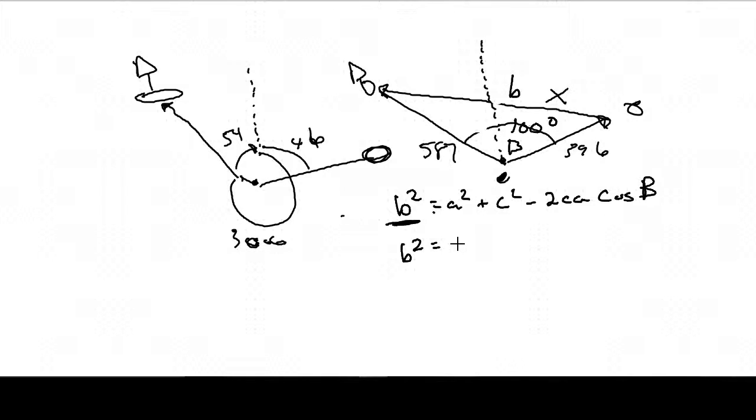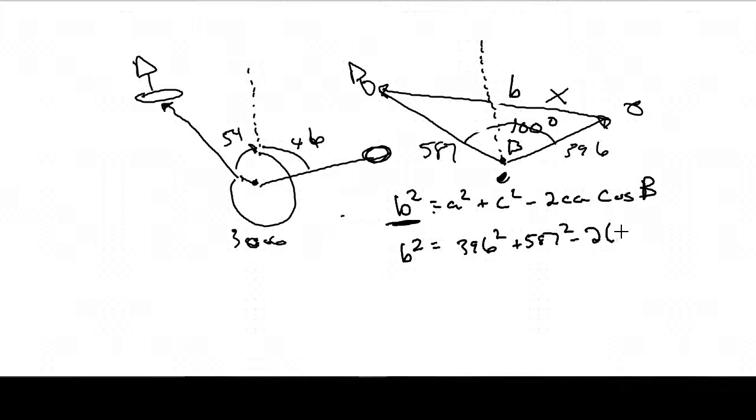Okay, so you got b squared equals 396 squared plus 587 squared, minus 2.